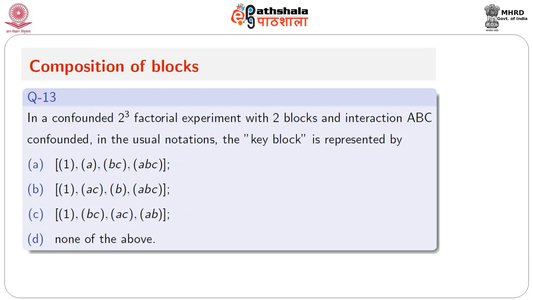Next, in a confounded 2 cube factorial experiment with 2 blocks and interaction ABC confounded, in the usual notations, the key block is represented by which of the following? Very good problem.